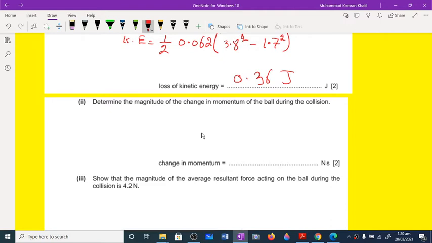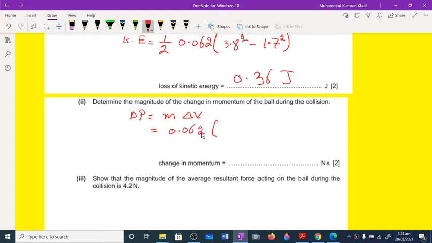Determine the magnitude of the change in momentum of the ball during the collision. Now here we will use the relative speed. So change in momentum is delta P, that is equal to final momentum minus initial momentum, or mass into delta V. So what is the value of the mass given for that particular question? The mass is given 0.062.